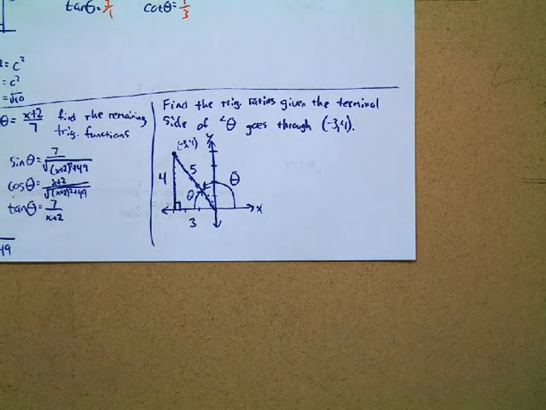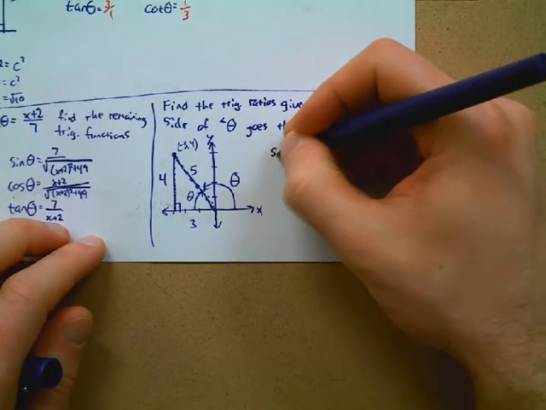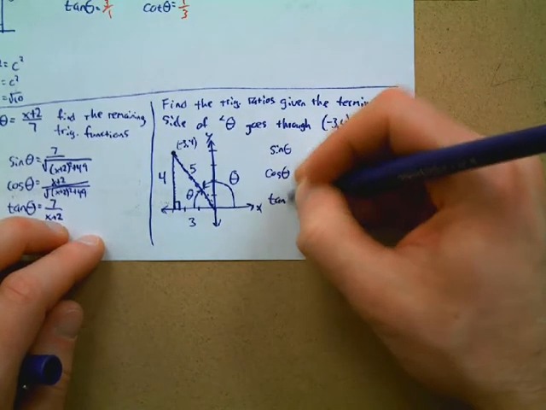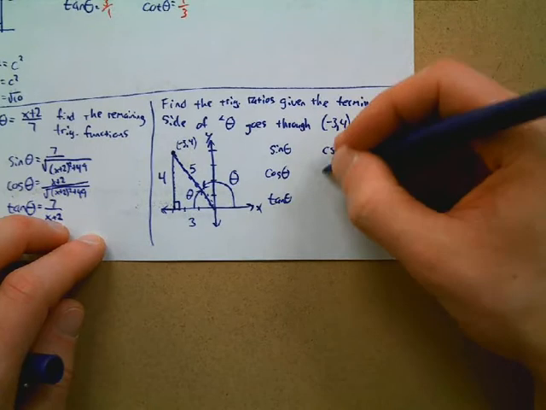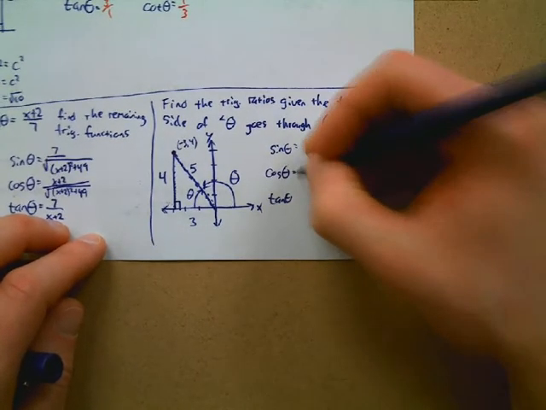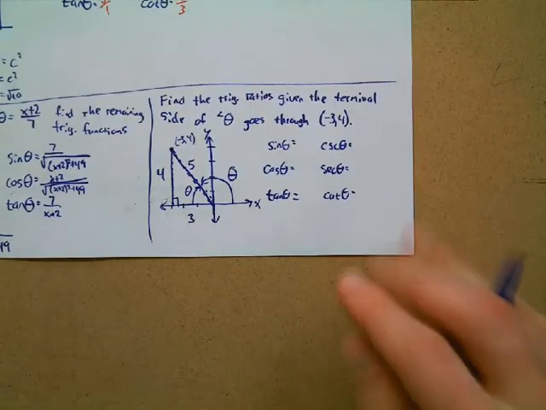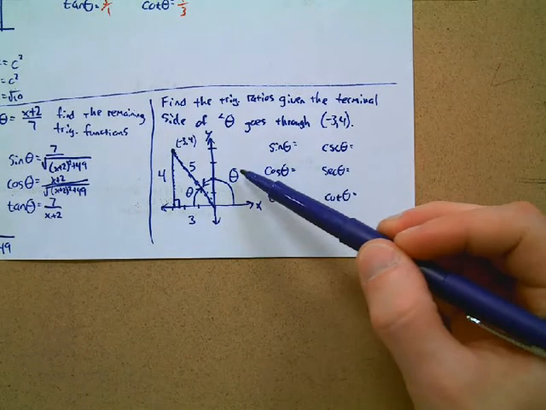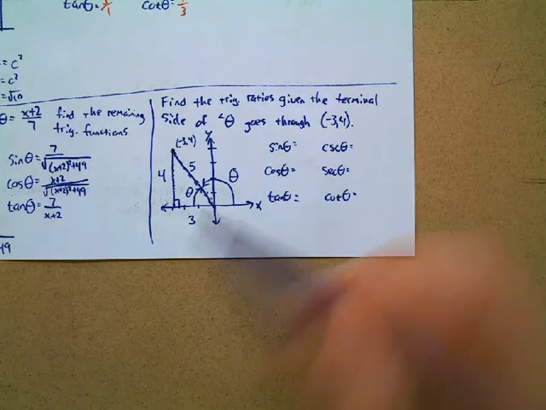We're going to use this reference angle theta, which is just going to allow us to find those triangles and those measurements. So sine is opposite 4 over hypotenuse 5, so it's 4/5. Cosine is adjacent, so 3 over 5. Tangent of theta is opposite over adjacent, so 4/3. And then just those reciprocals: 5/4, 5/3, and then 3/4.